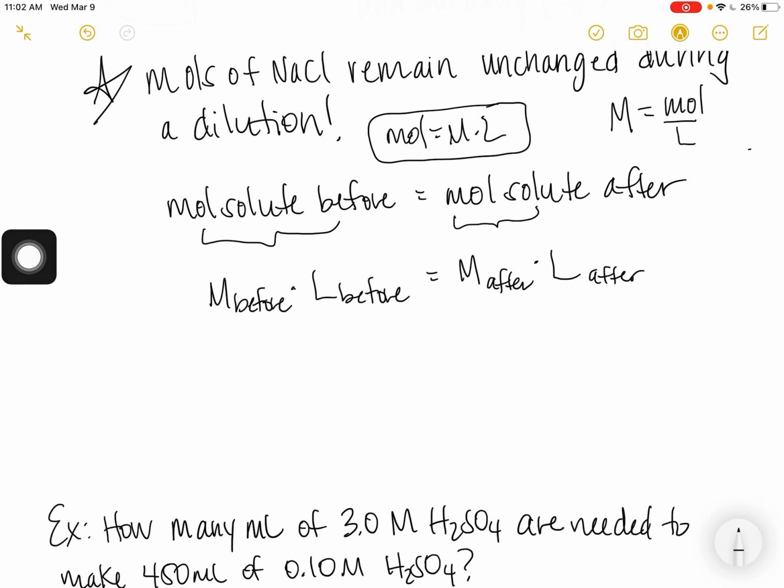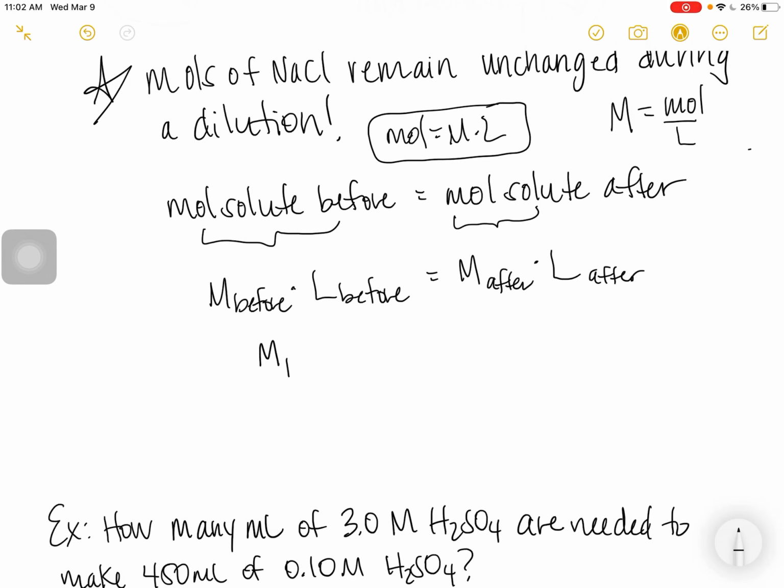And that's great. We don't love writing the word before and after because that takes time. So we decide instead of before and after to use the subscripts 1 and 2. And then instead of liters, because it doesn't actually have to be liters, it could be milliliters, we come away from liters and call it volume.